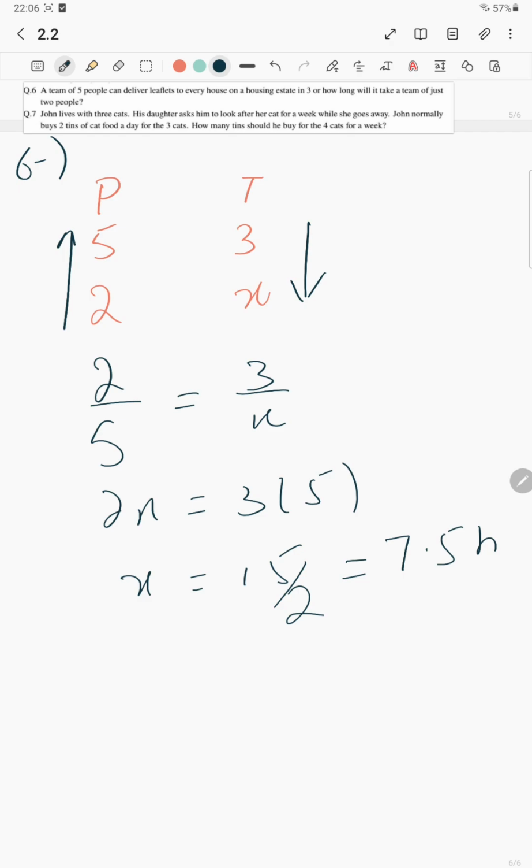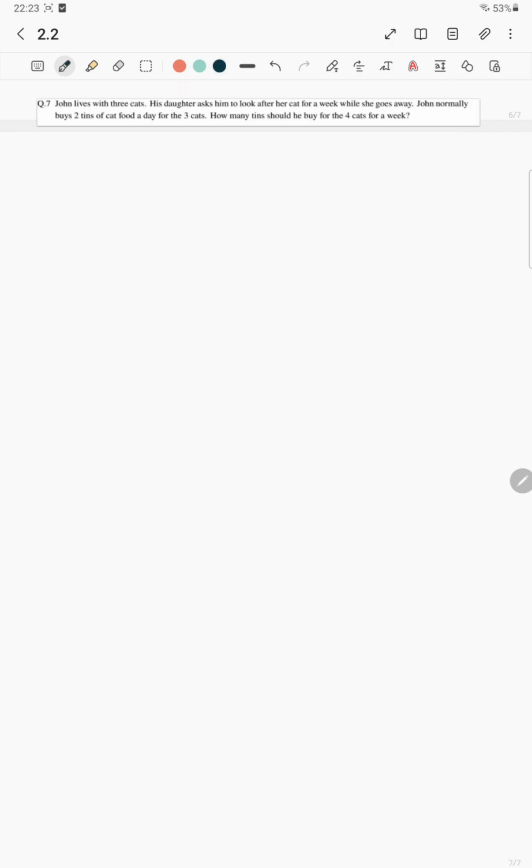Okay. So the next question, question number 7, is: John lives with 3 cats. His daughter asked him to look after her cat for a week while she goes away. John normally buys 2 tins of cat food for 1 day for 3 cats. So for 1 day, the food he buys for 3 cats is 2 tins of food.